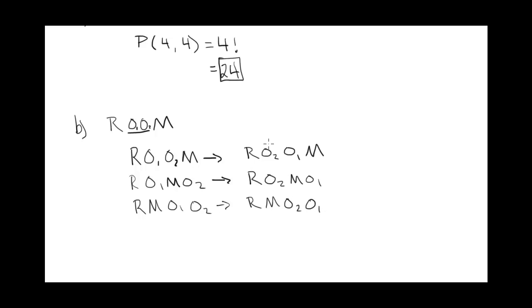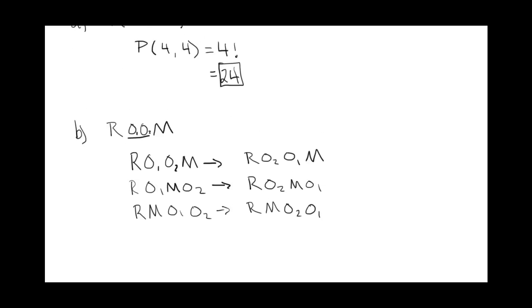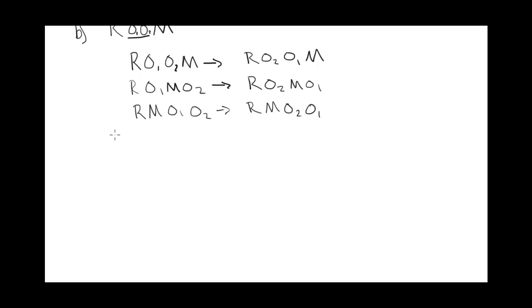So these are the same, these are the same, these are the same. We just flipped O1 and O2. And I'm not going to list all 24. But hopefully you'll notice that in these examples, O1 is always before O2.